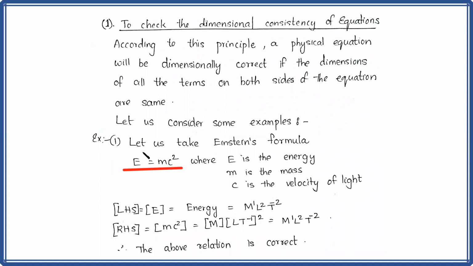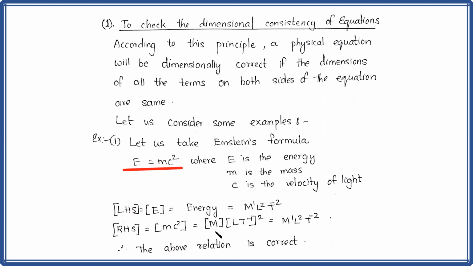Take the dimensional formula for the energy. Let us take the LHS. LHS means energy. We put it in a square bracket, which means we are finding the dimensional formula. For energy, the dimensional formula is M^1 L^2 T^-2. On the RHS we have mc squared, mass into velocity squared.